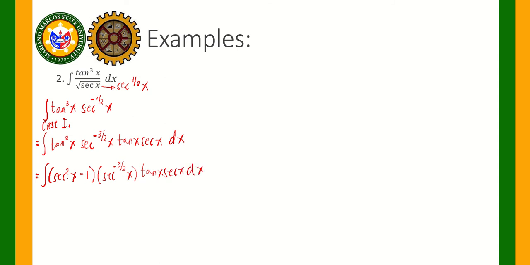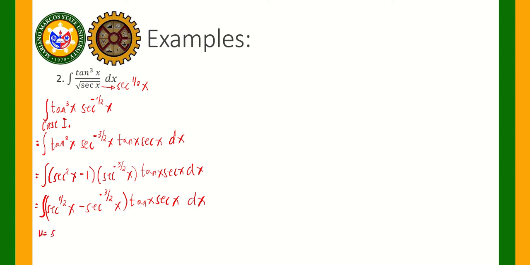So, distribute natin to. This will be equal to secant squared x times secant raised to negative 3 over 2x is secant raised to 1/2 x. And then minus secant raised to negative 3 over 2x tangent x secant x dx.